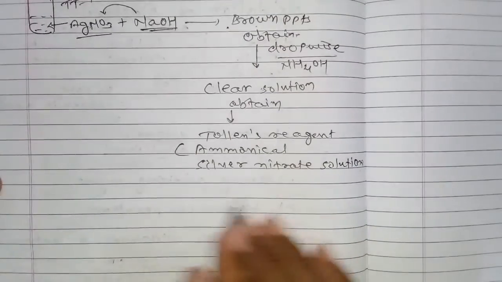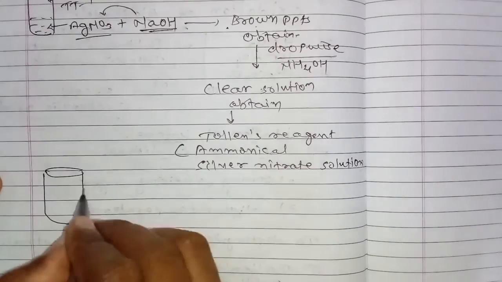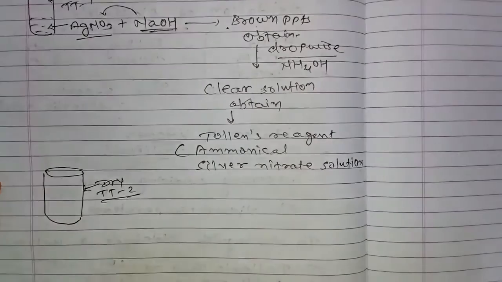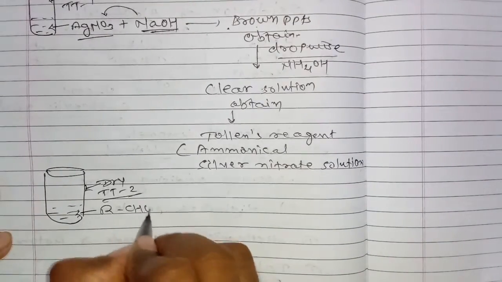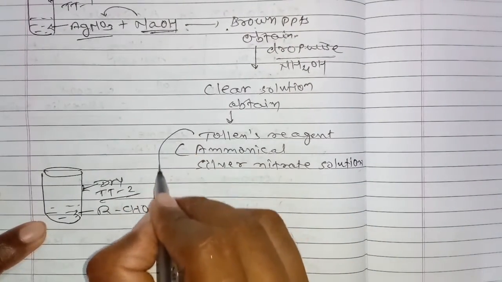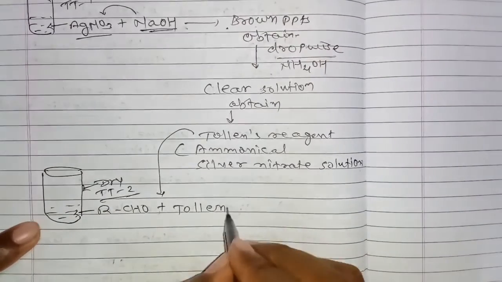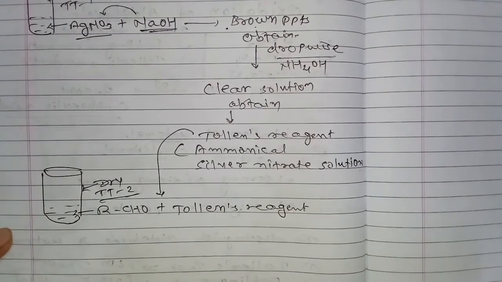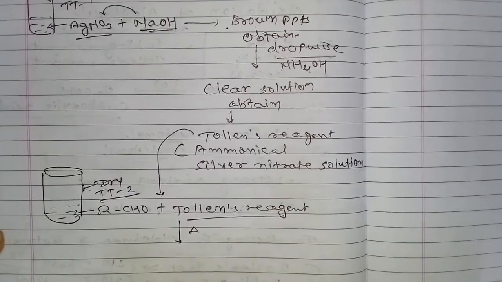In a second dry test tube, it must be a dry test tube, aldehyde and the Tollen's reagent as an oxidizing reagent are added, with heating.